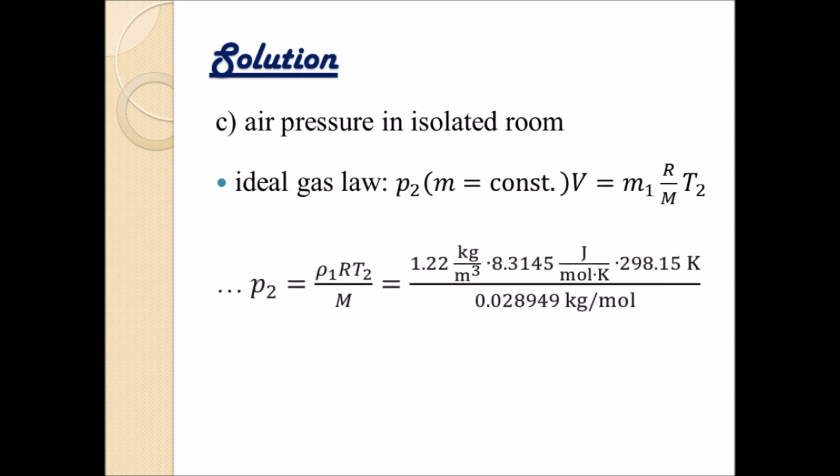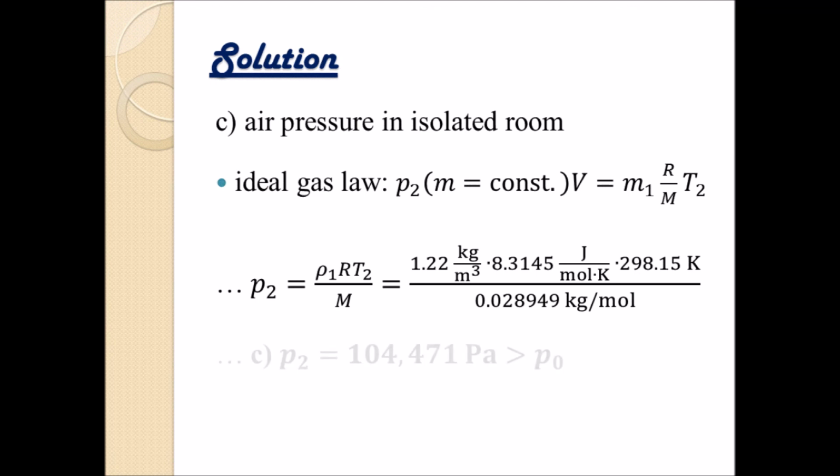And since we are looking for P2, we can write this equation as P2 equals ρ1 multiplied with R and T2 divided by M. And yes, I've just introduced the density ρ1 in this equation because if you look up, you see that we have M on the right-hand side, V on the left-hand side of our equation. And if we divide this equation by V, we get on the right-hand side the density ρ1.